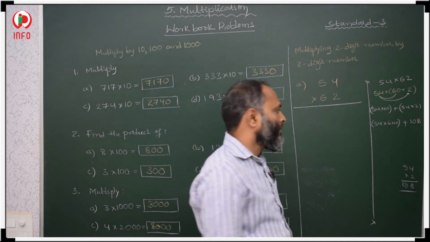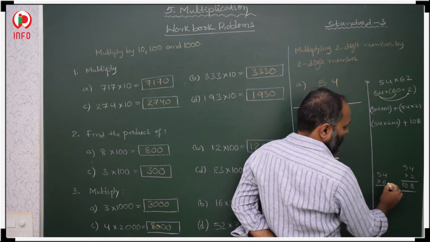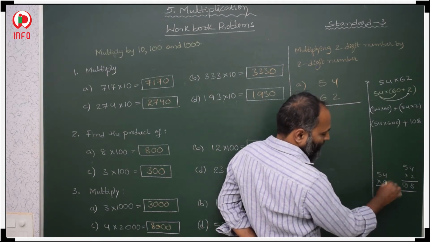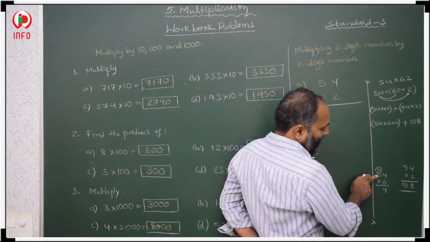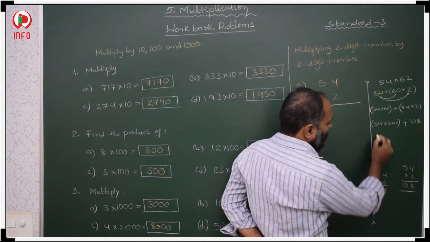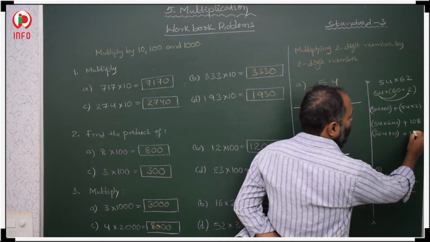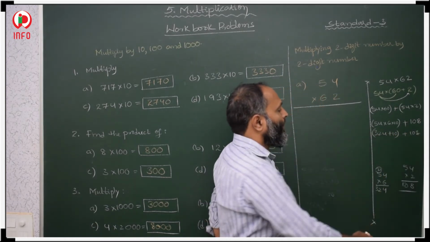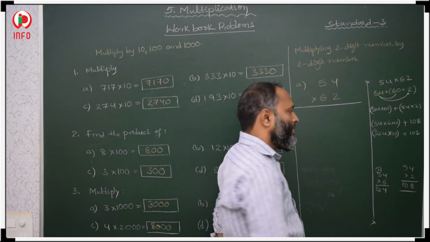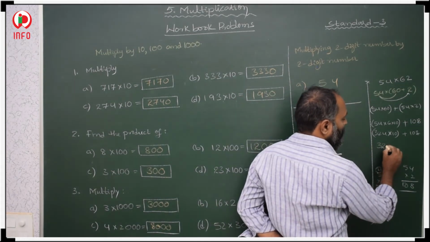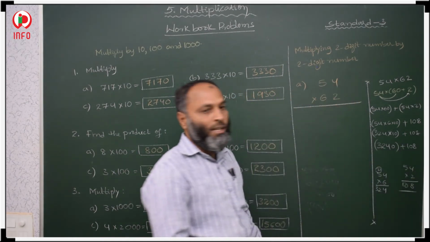Then 54 6s are: 6 4s are 24, 2 here and 4 here; 6 5s are 30, 30 plus 2, 32. So 324 into 10, which means 324 tens, plus 108.